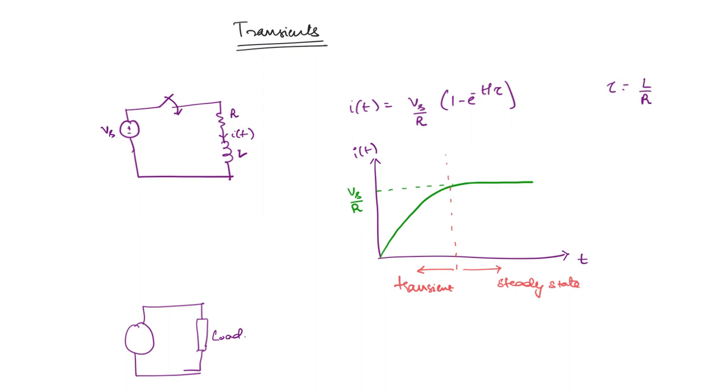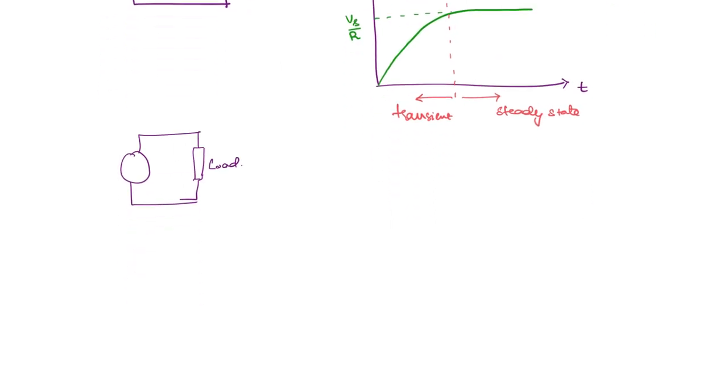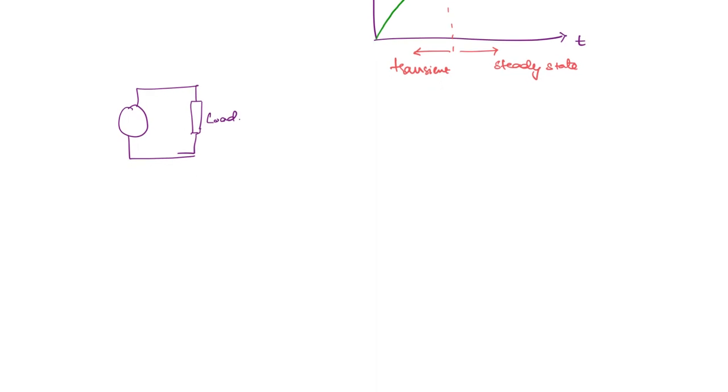Now, why is studying that transient important? Because transient is related to the stability of the operation. In power systems, we have power as a function of the torque angle. This is the expression, the relation between P and delta.